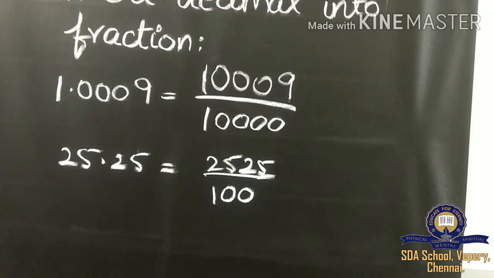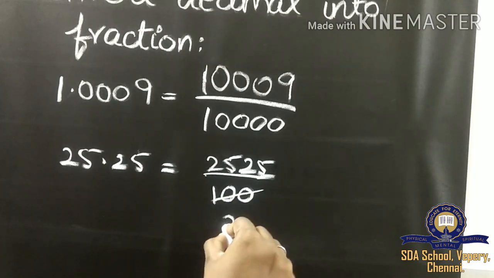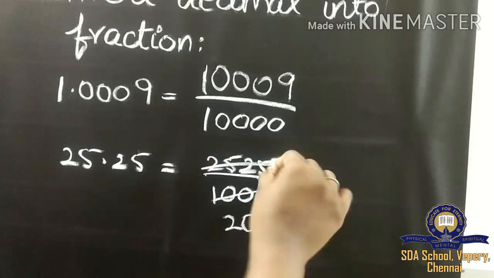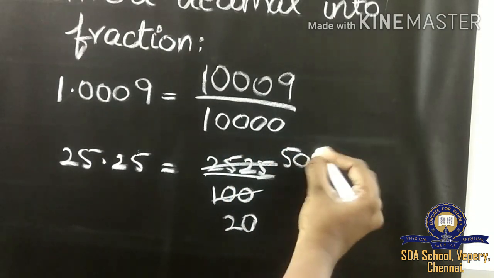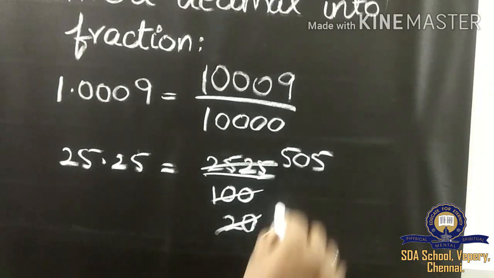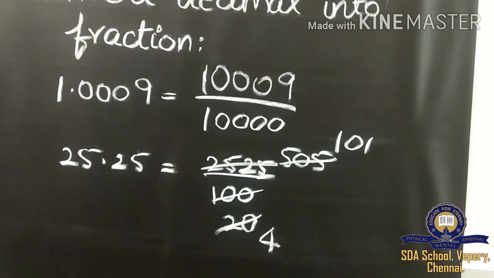You can cancel this with the 5 table. 5 2s are 10, 5 5s are 25. If you cancel this in the 5 table, 5 4s are 20 and 5 101s are 505.